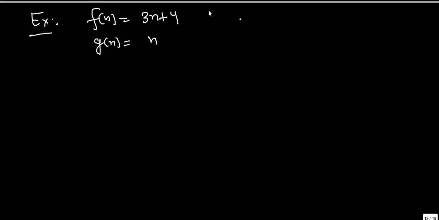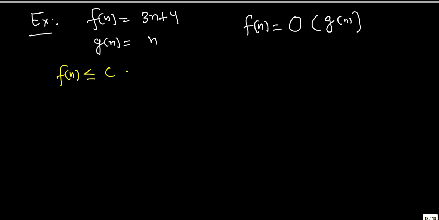So for these functions, can we say that f(n) equals big O of g(n)? Now let us put these values in the equation. f(n) should be less than c into g(n). So f(n) is 3n plus 4, it should be less than c into g(n), which is n.